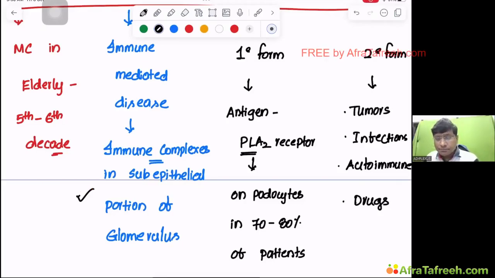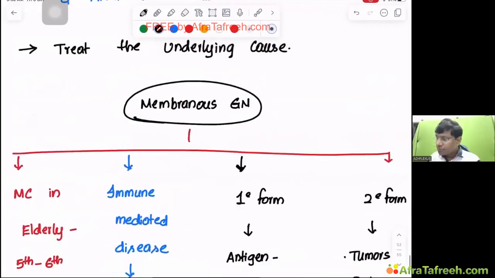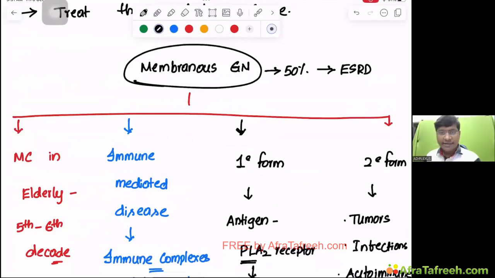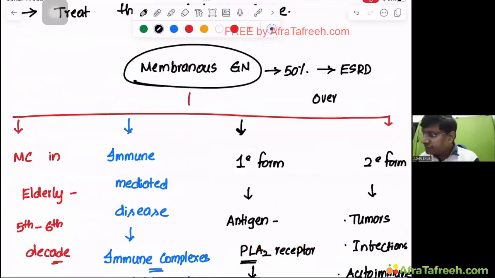And how is the prognosis? The prognosis is completely variable, similar to that of your focal segmental glomerulosclerosis, right? Almost 50% of patients with membranous glomerulonephritis progress to end-stage renal disease over 3 to 10 years, right?